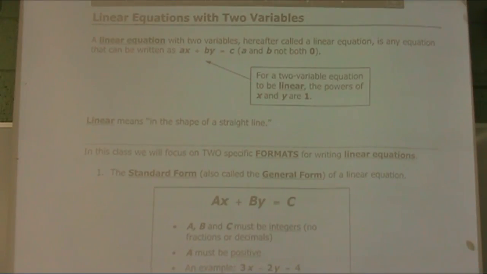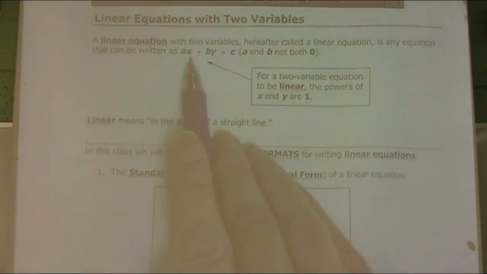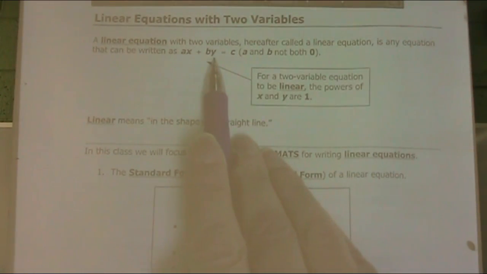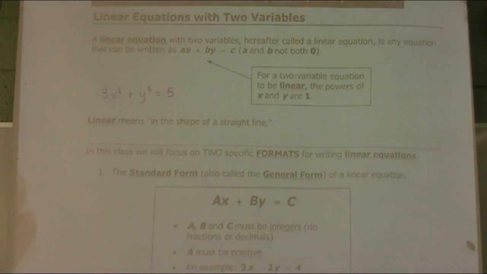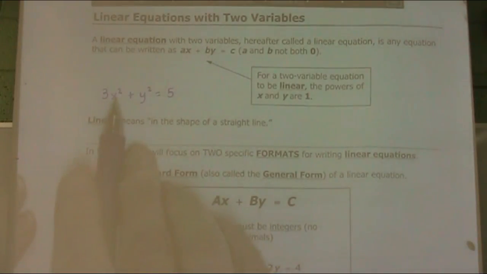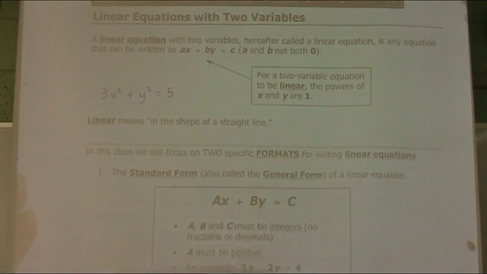If the x or the y has an exponent other than 1, it may be an equation in 2 variables, but it is not linear. Linear has a power of 1 here and a power of 1 here. So if I had something like this, this is not linear because the powers on x and y are not 1.